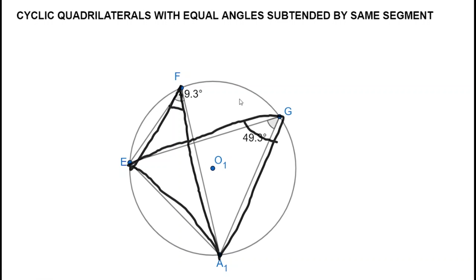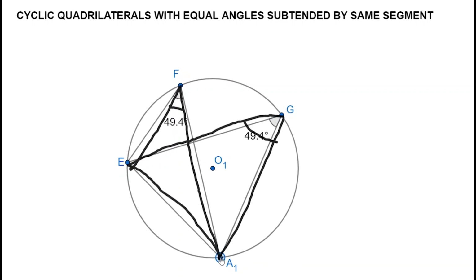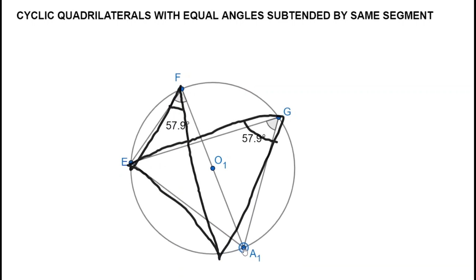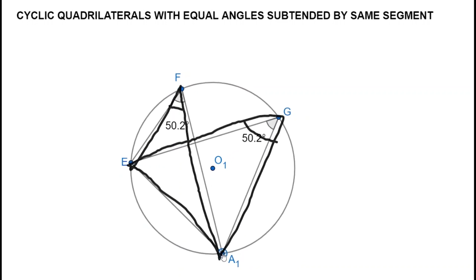Angle G is 49,3 and angle F is also 49,3. Wow, it means these angles are really equal. Whenever I try to shift this angle A, these angles are exactly equal.